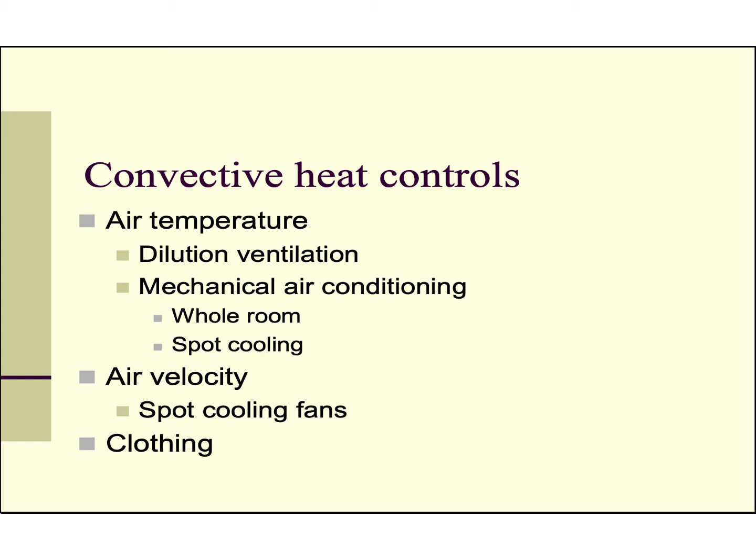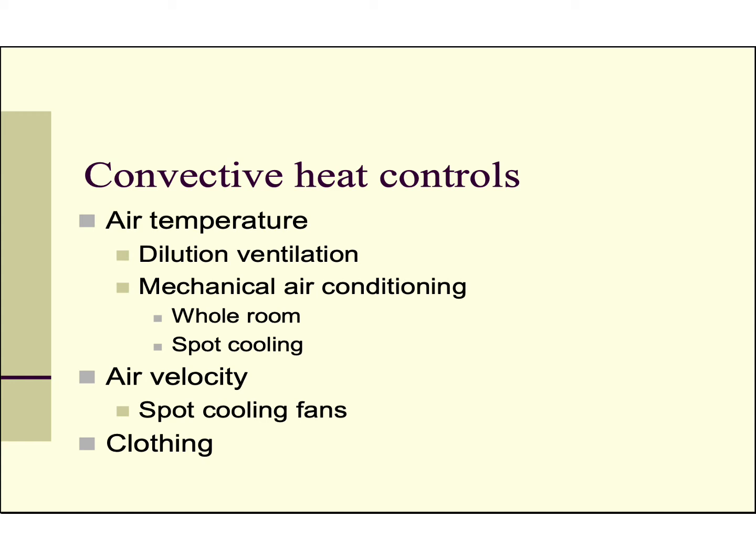More common is a spot cooling fan to increase the air velocity, but you always have to keep in mind that air velocity is a way of increasing heat gain rather than increasing heat loss if the air temperature is high enough. So only if the air temperature is less than 95 would you want to use spot cooling fans.